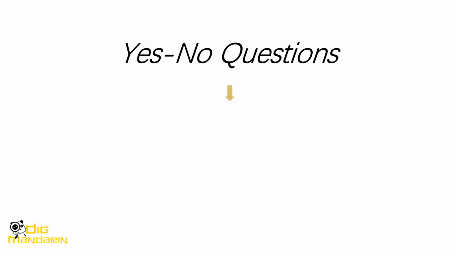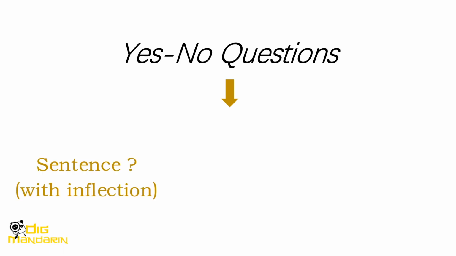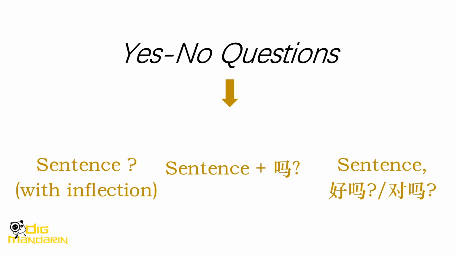This kind of question will be shown in 3 basic forms. The first one, we just put a question mark after a sentence, but with an inflection. And the second, we can put 吗 after it. And then we can put 好吗 or 对吗 after a sentence.